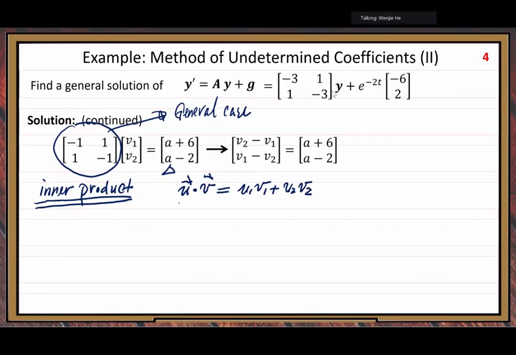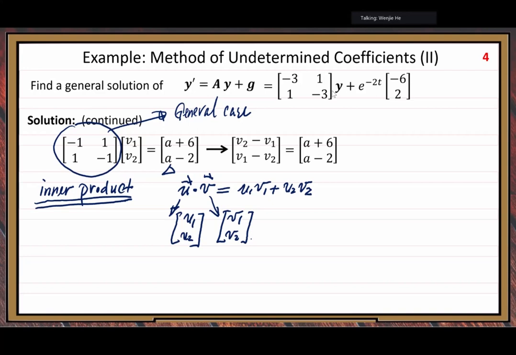The U vector has components U1, U2, and the V vector has components V1, V2. All right.